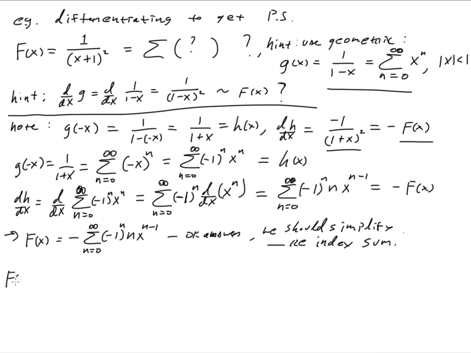So remember, capital F of x is equal to 1 over (1 plus x) quantity squared, just like we had done before. But what I'm going to do is see if I can just take this sum here and do a little work.